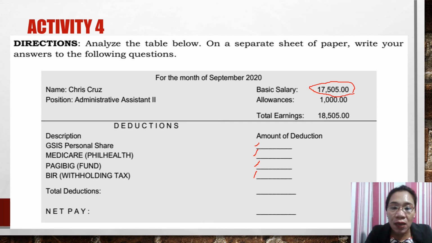Then, i-total mo itong 4, get the sum of this, ilagay nyo dito. Then, pagkatapos, itong 18,000, ito yung total earnings, i-minus nyo dito, and then, lagay nyo naman dito yung net pay. Ganun lang kadali. Simple as that.